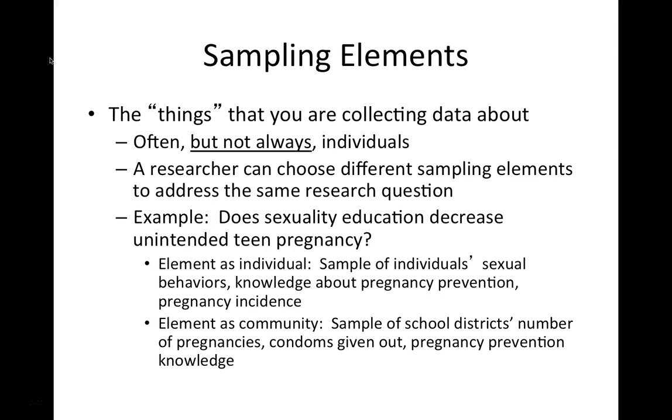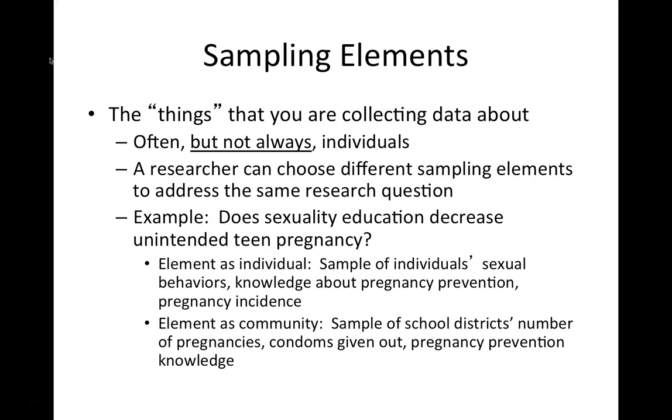So sampling elements, coming back to these terms. Sampling elements are the things that you're collecting data about. So typically these are individuals, not things, but people. And researchers can choose different sampling elements to address the same research questions. So we can use college campuses, college students.